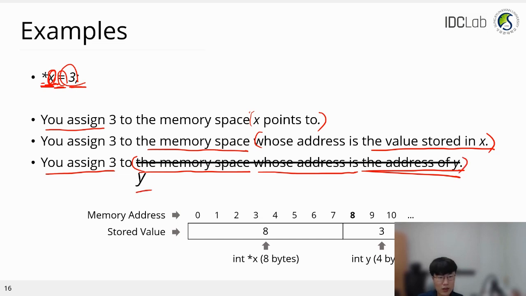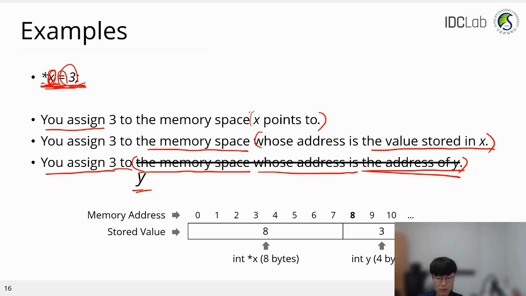So here you are actually assigning 3 to y, but in this statement there is no y, right? We accessed y via a pointer variable x. So even though we didn't use the name y, you can access it by its memory address.